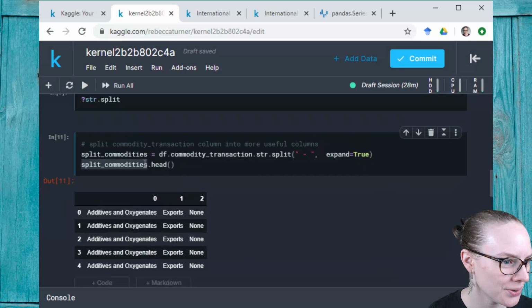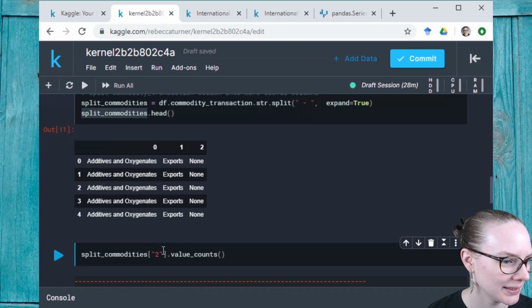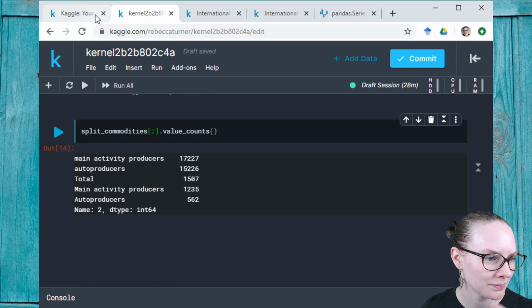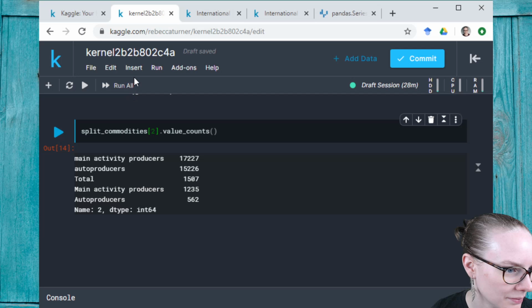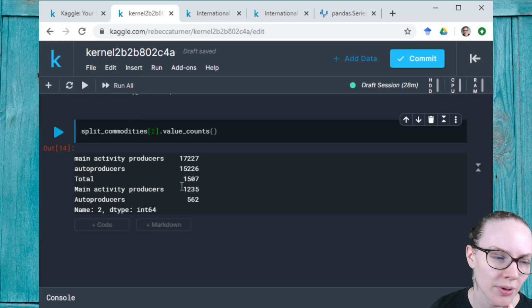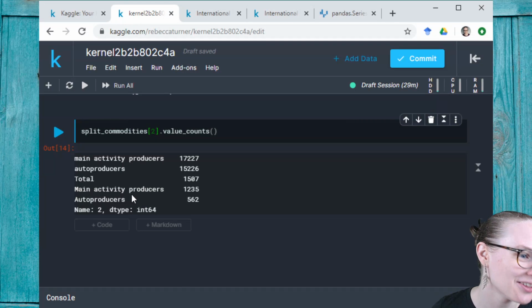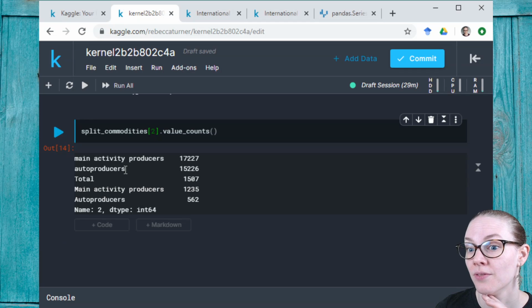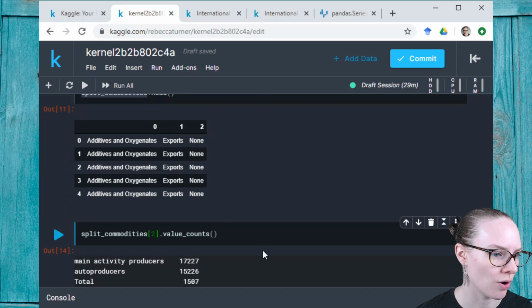Is it not called 2? All right, so we have just a couple of things in this column: main activity producers, auto producers, total, and then main activity producers but uppercase, and then auto producers but uppercase. So I think the first thing we can do is make everything in this column lowercase, and that's going to be very useful for us going forward.